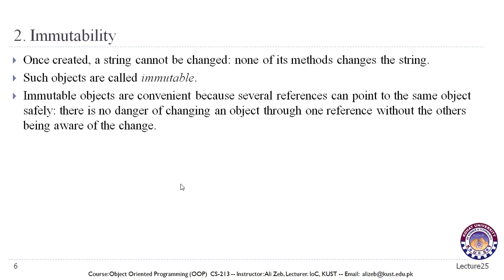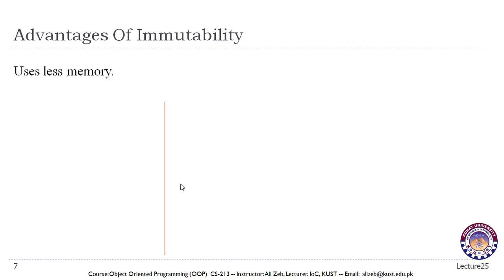The value in the object remains the same, no matter where we reference it from, or if we create several references to the same object, the object will remain the same. An advantage is that it uses less memory.